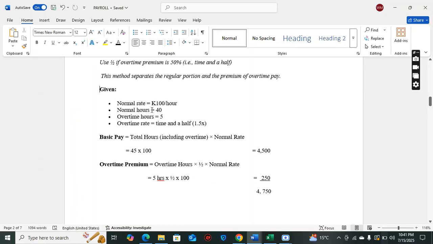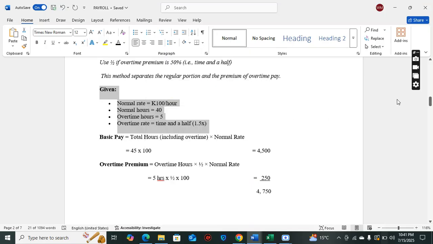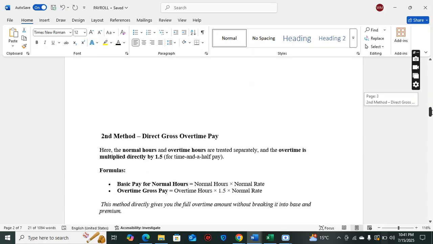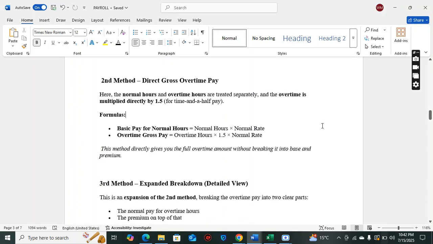Okay, now we're going to use the second method. We're still tabulating the gross pay for this worker. The difference with this method is that for the basic pay, you're only going to focus on the normal hours.